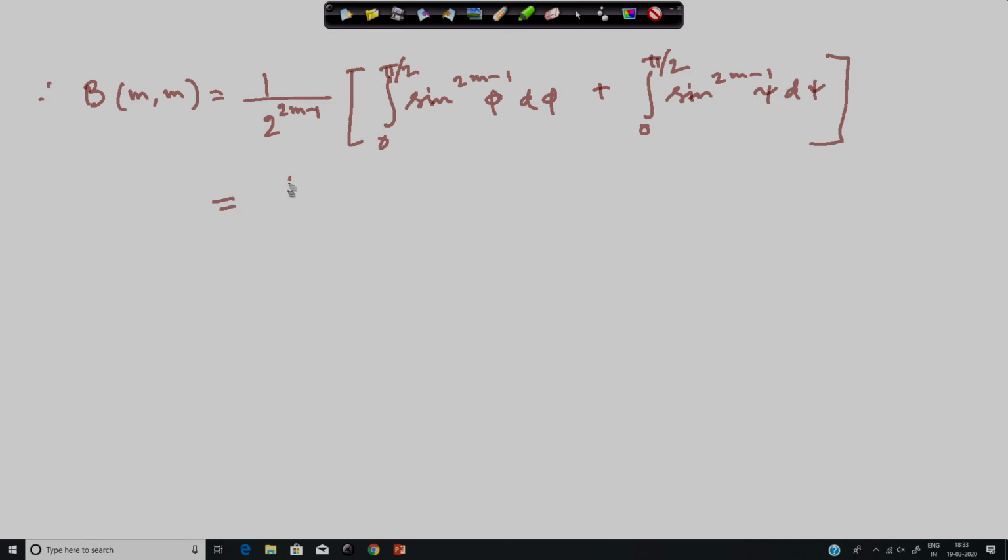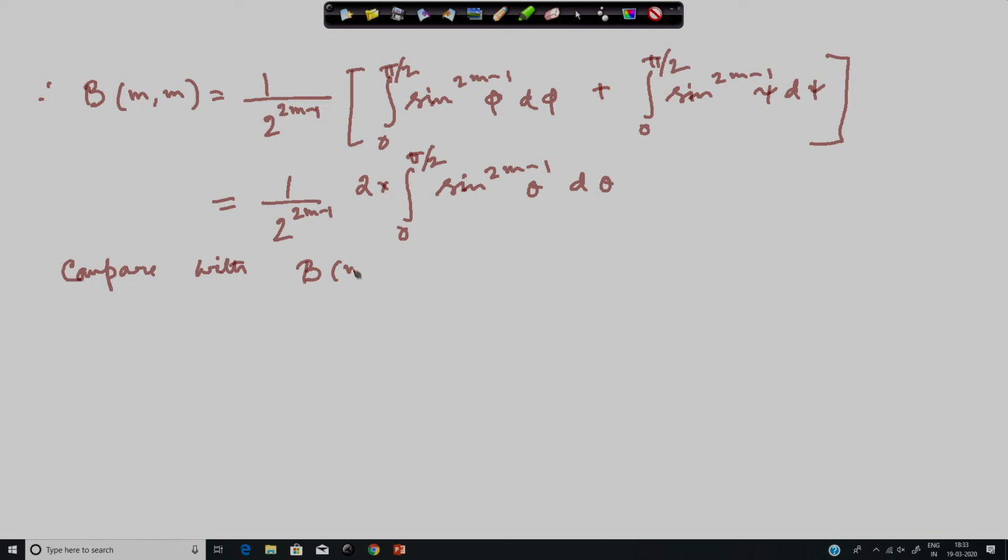So, we can write this as 1 upon 2^(2m-1), 2 times the integral from 0 to π/2 of sin^(2m-1) θ dθ. Now, compare this form with beta(m,n) equal to 2 times the integral from 0 to π/2 of sin^(2m-1)θ cos^(2n-1)θ dθ. So, m will remain m, but what about n in this integral?